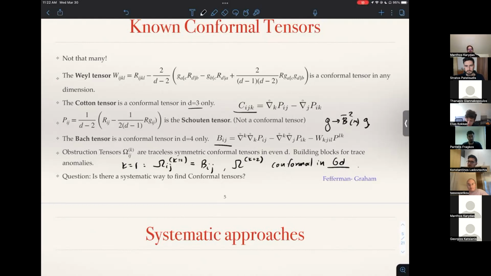Okay. Thanks. So yeah, I needed to understand that. There is a question that I have on this. For example, what is the complete list? By taking these metric variations of the conformal anomalies, are they all independent or maybe they're dependent? I don't know the answer to that.